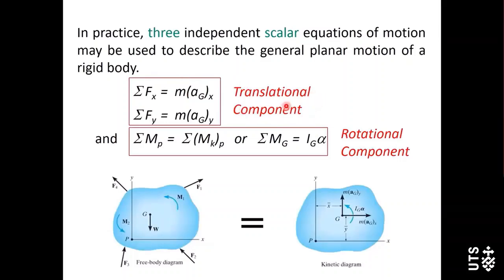Because this is planar kinetics, we have only x and y, two components. If it's 3D, we should have another component along the z direction. And here, this one, rotational component. For this rotational component, the calculation can be about point P, or it can be about mass center point G.